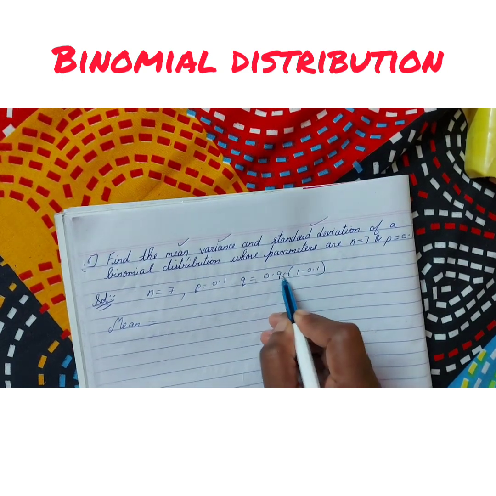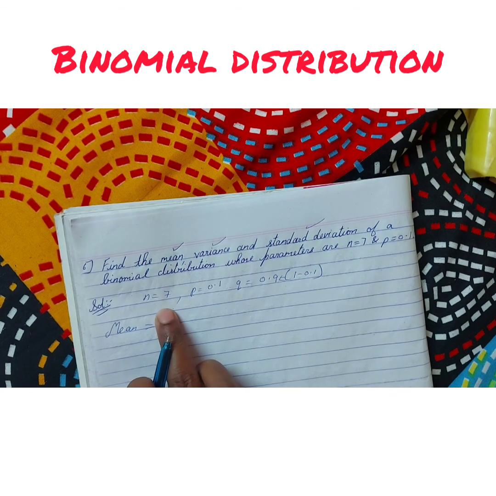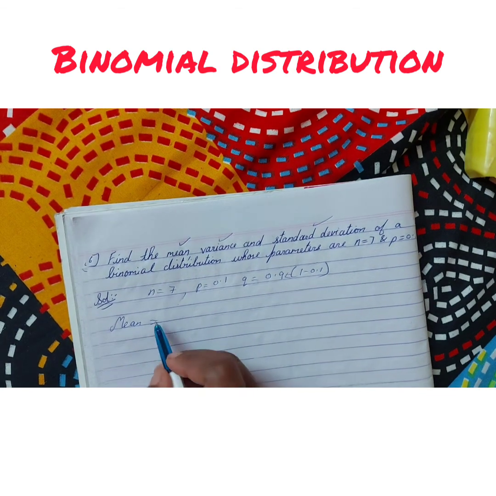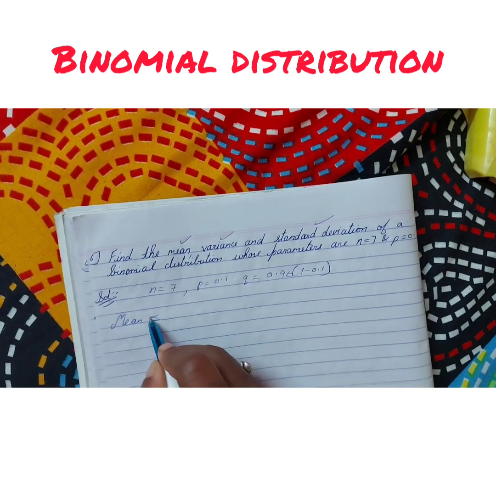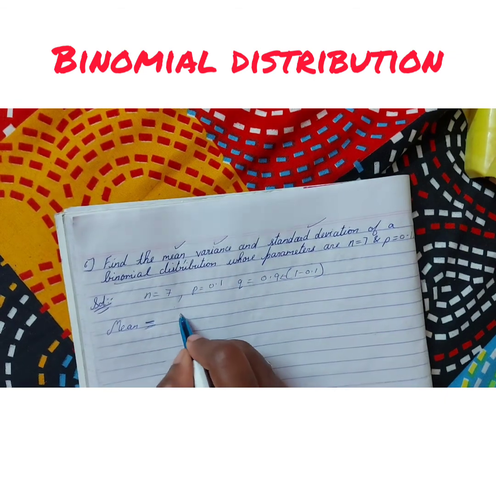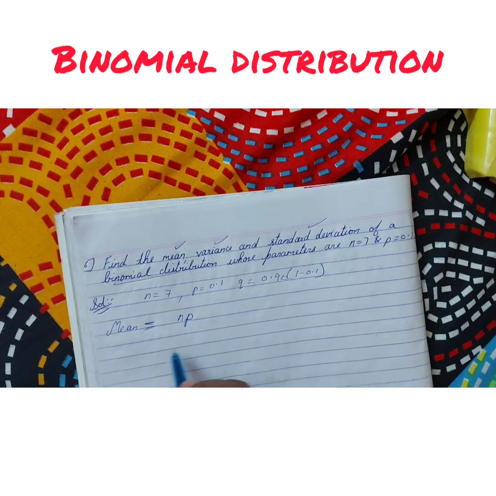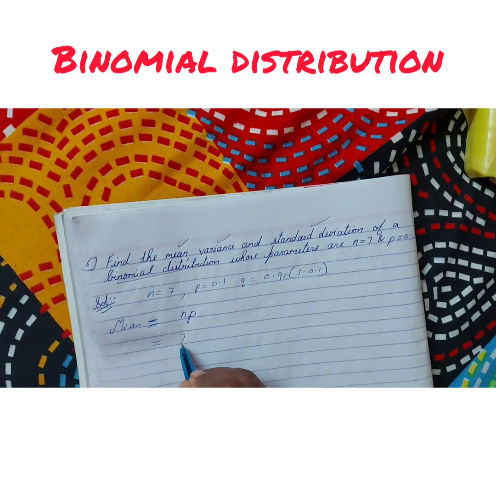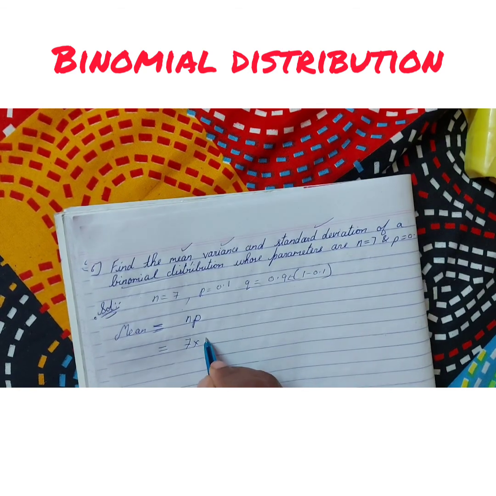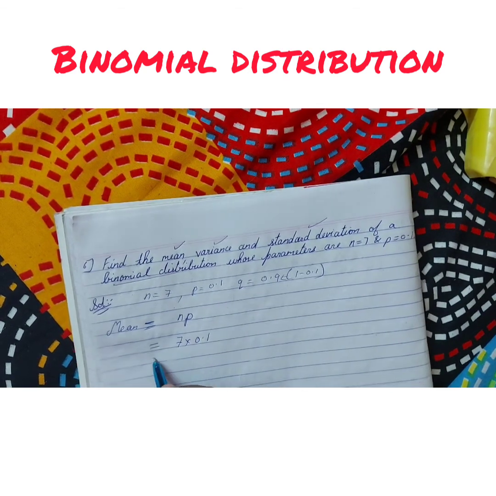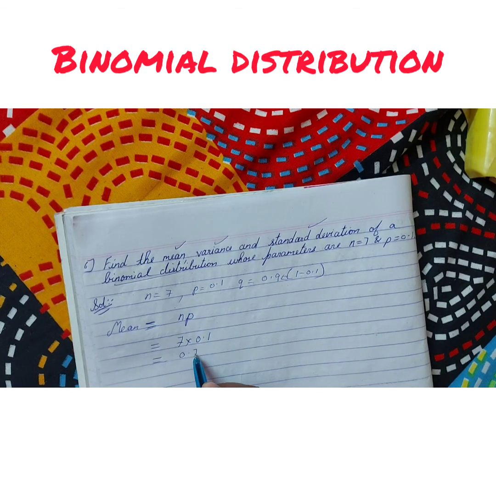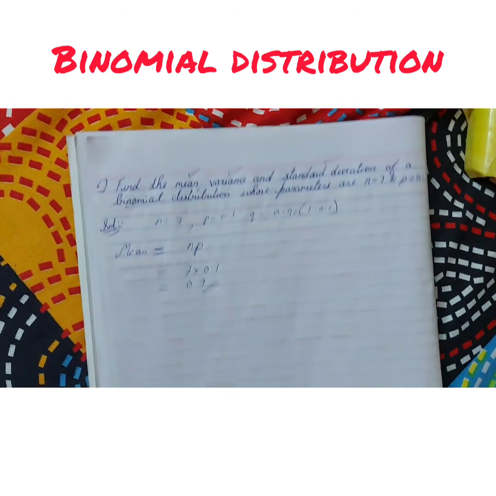We got this 0.9. So these are the given terms n, p, q. So mean. What is the formula of mean in binomial distribution? n into p. n value is 7, into p is 0.1. So my answer will be 0.7. So I got mean now.